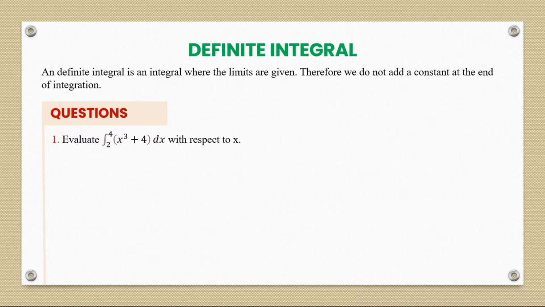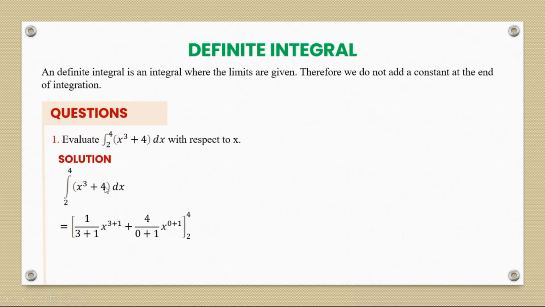Now the first step is to evaluate the integral normally. So let's just find the antiderivative. We can separate this, and as you can see, we can integrate directly. Where we have x cubed, we're going to have x to the power 3 plus 1, and its coefficient is 1 over 3 plus 1.